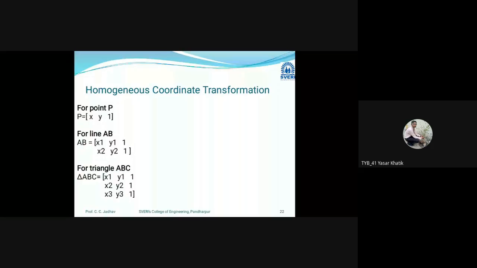The same transformation technique is there, just the matrices for different conditions will be modified in terms of new formulas. We have seen that for point P we can write the matrix like this, for line, for triangle. These are some examples of how we formulate or write a matrix for a particular homogeneous transformation system, where we do more than one operation in a single problem.